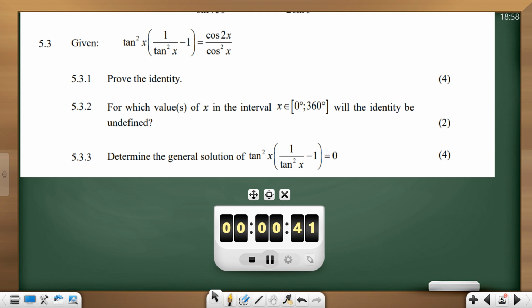Tell me you were able to prove this. Anybody done? Done.